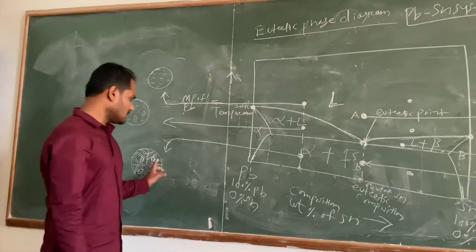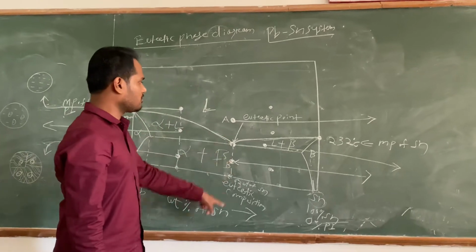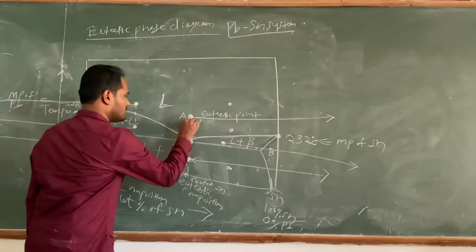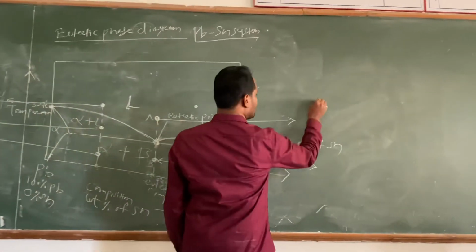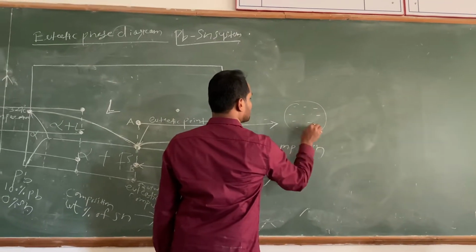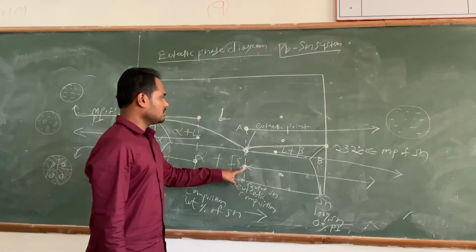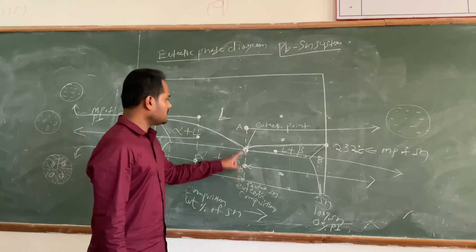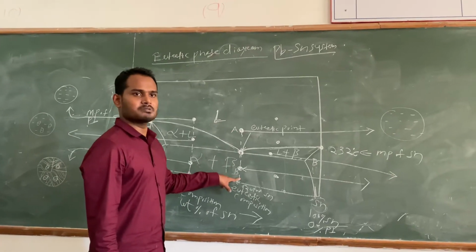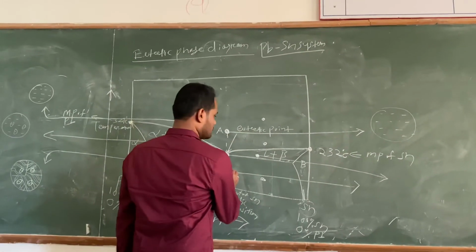Not exactly spherical. Now suppose I take a composition of this one, the eutectic composition. How will the microstructure evolve? I will start from this point and join this one. Here I will have only liquid. Then I will move to this point. You can see below this point, this liquid is decomposing into alpha plus beta. So liquid is transforming into alpha plus beta, which are solids.